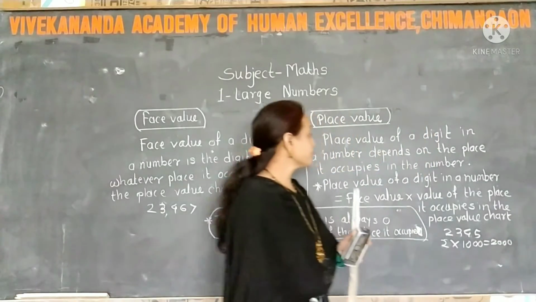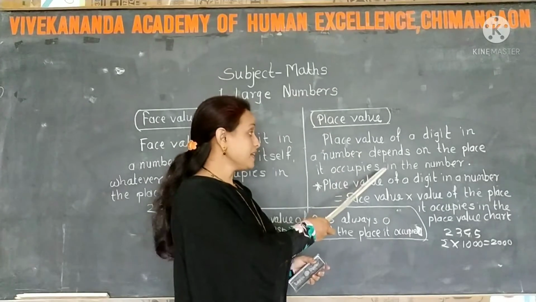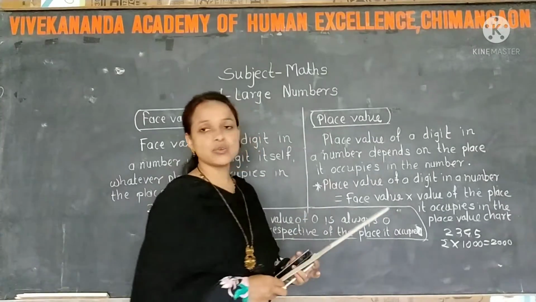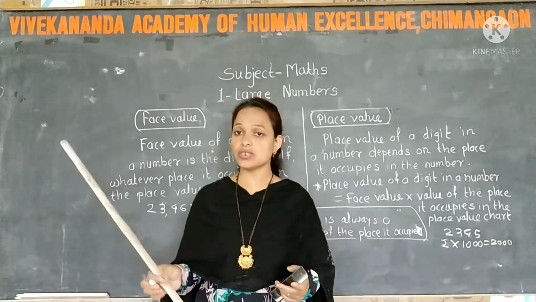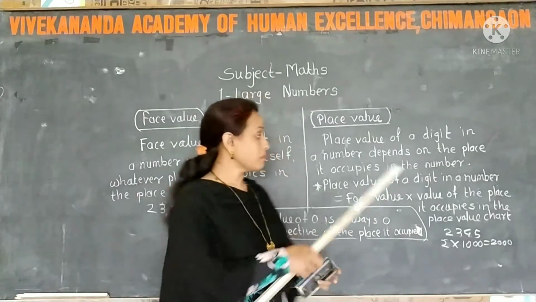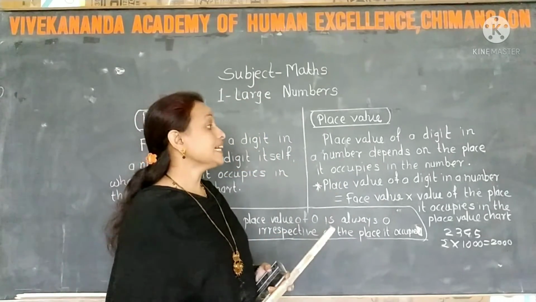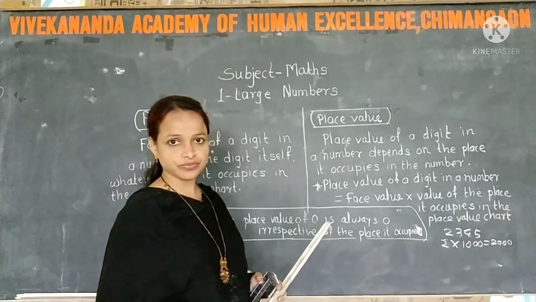In this way, place value of a digit in the number depends on the place it occupies in the number. Face value does not depend on the place, but place value depends on the place it occupies in the number.